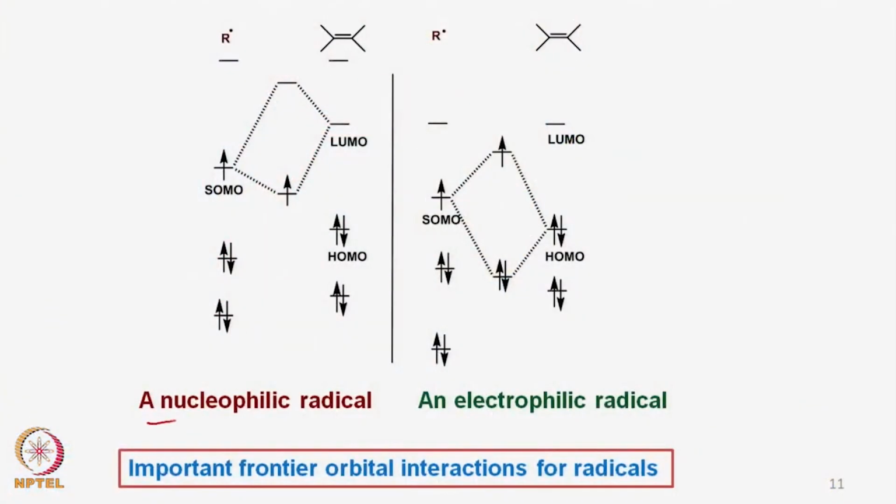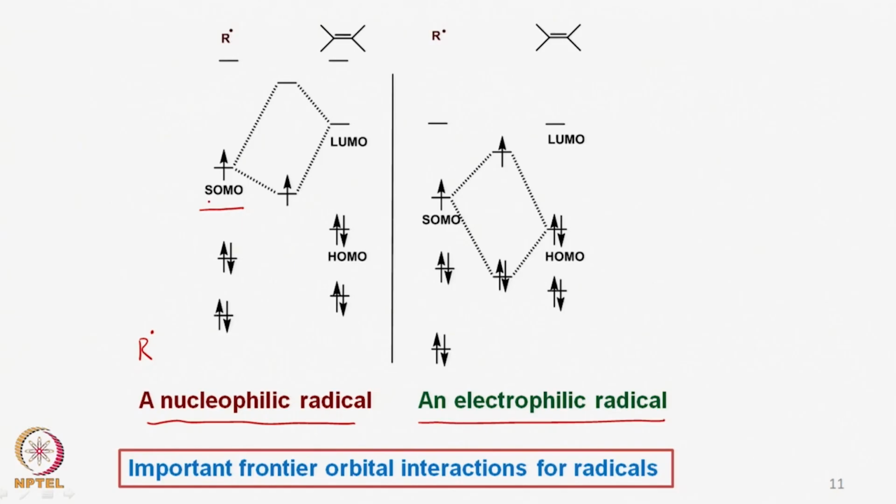One can look at the radical's reactivity. If you have a nucleophilic radical, then one can look at the singly occupied molecular orbital, which obviously would be of higher energy, because the radical which is generated, if it is having an electron donating group, then its orbital having a single electron would be of a higher energy.